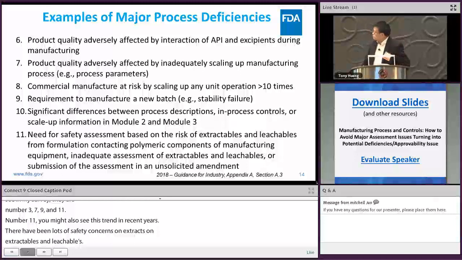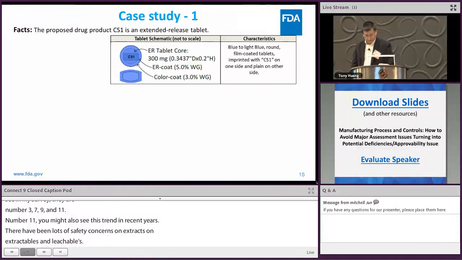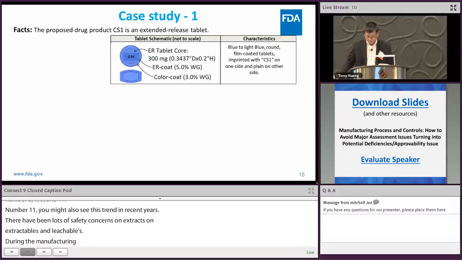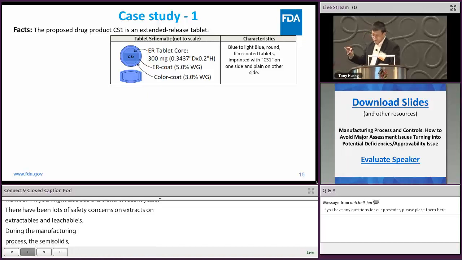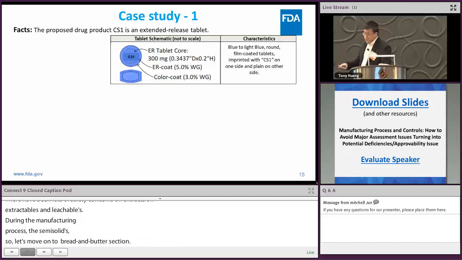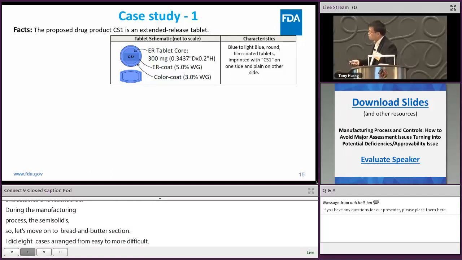So let's move on to the bread and butter section, the case study. Basically, for the 8 cases, I arranged them from easy to more difficult, so that it will be easier to appreciate how we do the process assessment by risk as well.